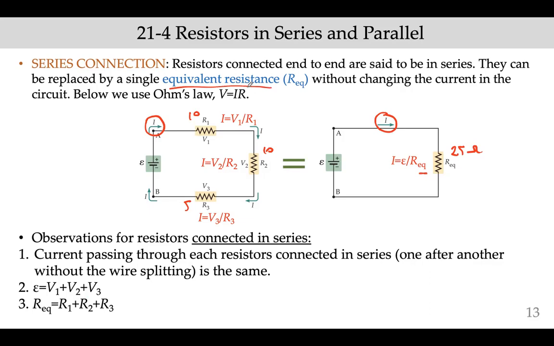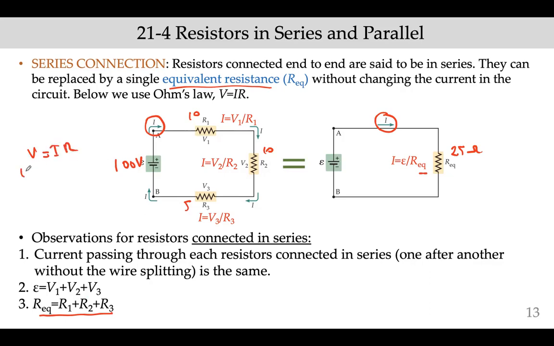We will need this formula to calculate the equivalent resistance, for example, to find the current in the circuit. Let's say the voltage source has a potential of 100 volts. To calculate the current, you first find the equivalent resistance, which in this case is 25, and then you use V equals IR.